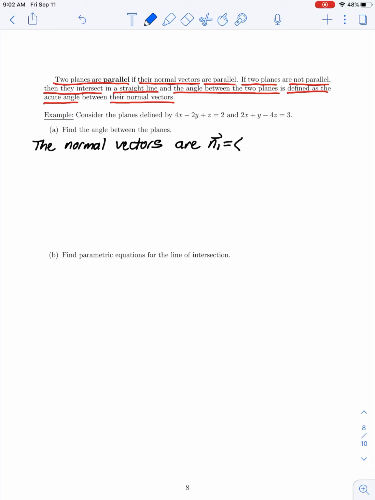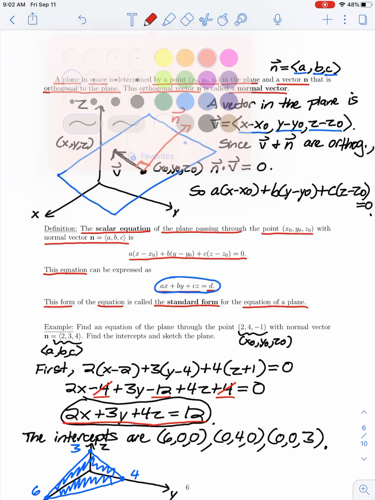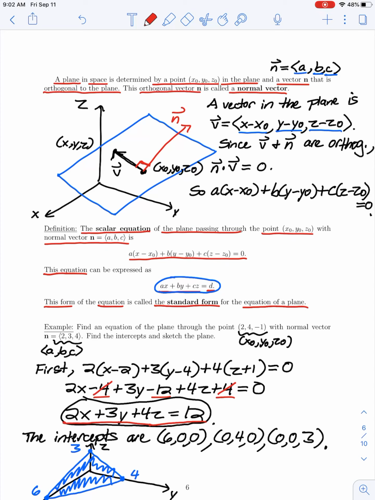The normal vector can be found from the equation of the plane. Let's review how this might be done. If we have the equation of a plane in standard form, the coefficients for x, y, and z are what we were calling a, b, and c, which would be the normal vector for that plane.